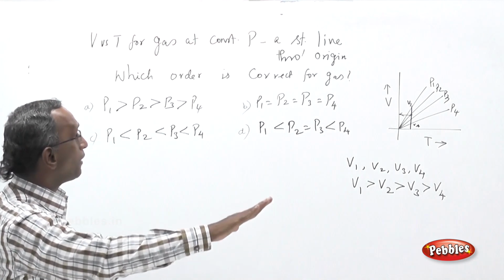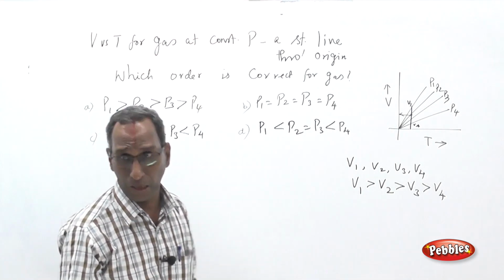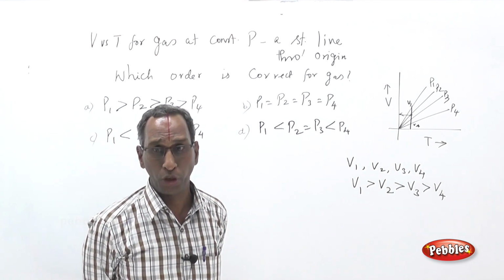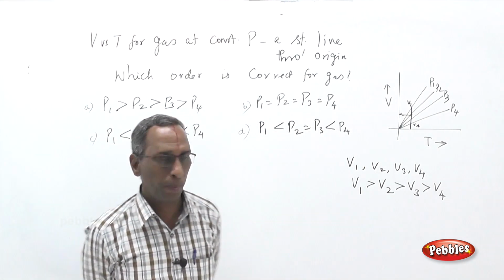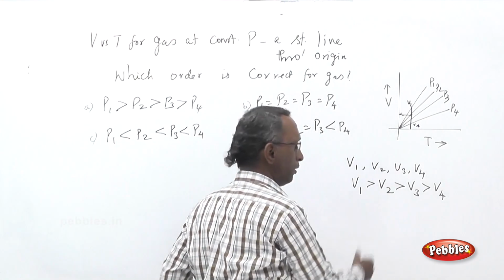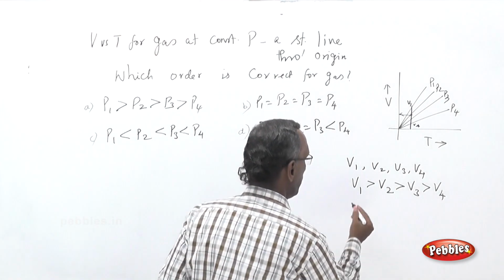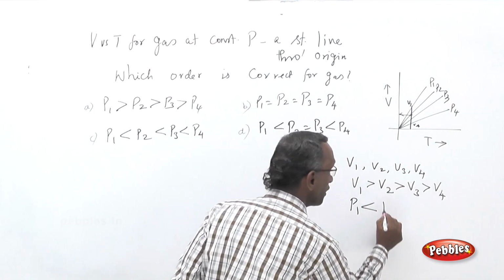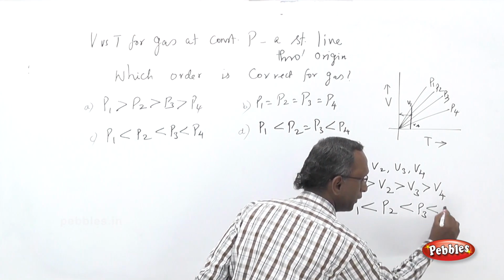All the gas laws are based on Boyle's law. Boyle's law states that pressure is inversely proportional to volume at constant temperature. So here the volumes are decreasing, which means the pressures should be in increasing order.